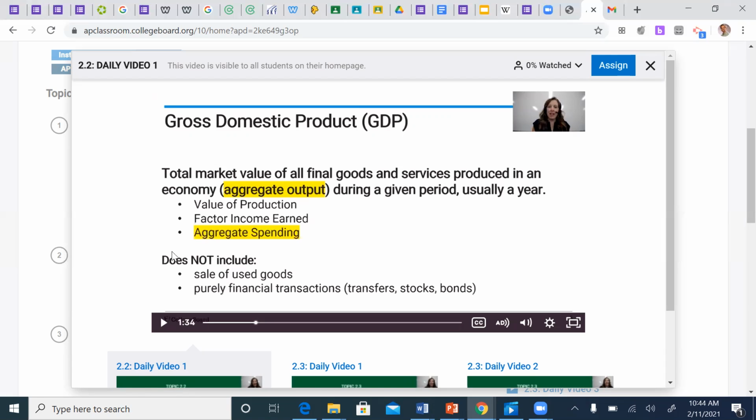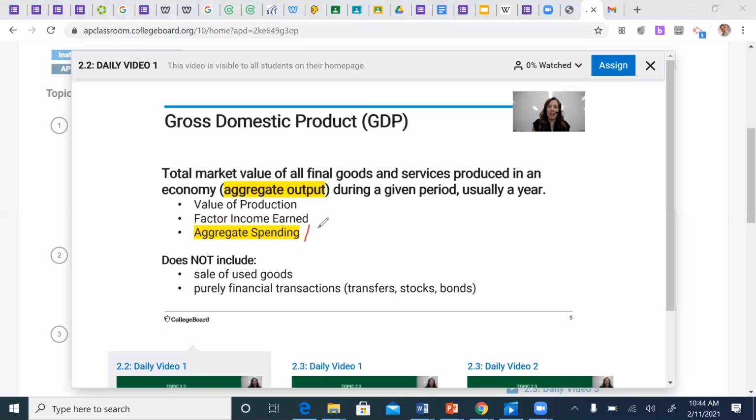And we measure aggregate spending, sometimes called, like I said, the expenditure approach. Expenditure doesn't include sale of used goods or purely financial transactions.